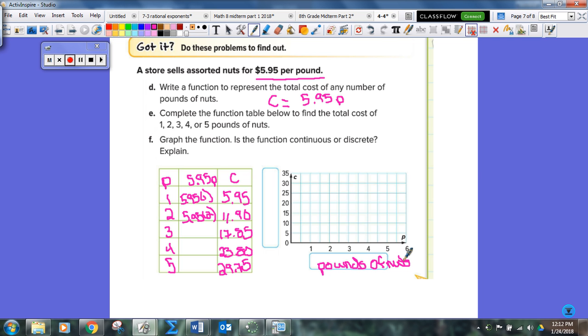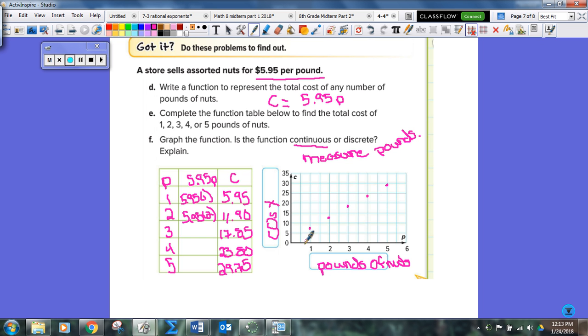Now, consider, should this be continuous or discrete? Can I buy part of a pound of nuts? And it is continuous because I measure pounds. So, 1 is $5.95, 2 is $11.90, and I'm just approximating. 3 is $17.85, 4 is $23.80, and 5 is $29.75.